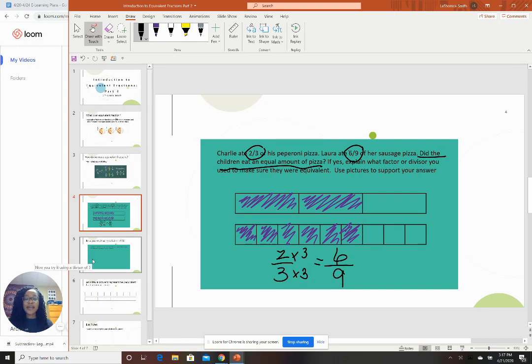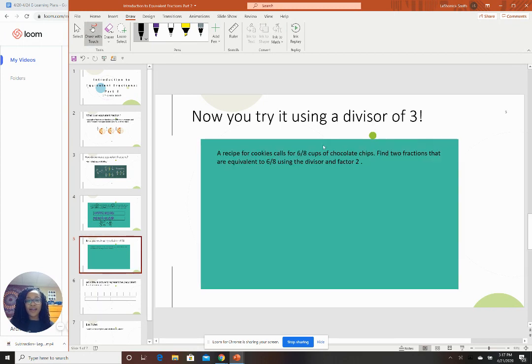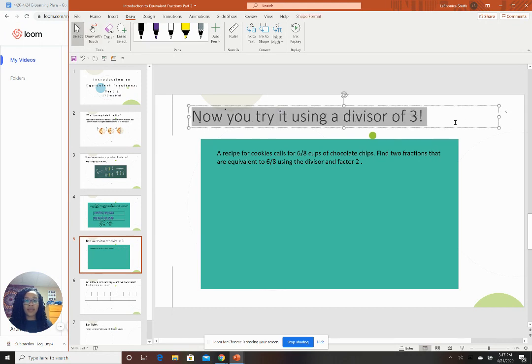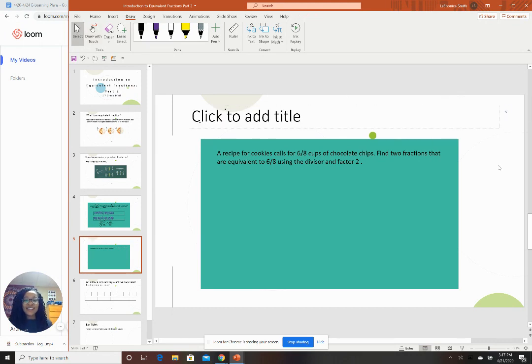Alrighty, let's go to our next one. A recipe for cookies calls for 6/8 cups of chocolate chips. Find two fractions that are equivalent to 6/8 using the divisor and the factor 2.